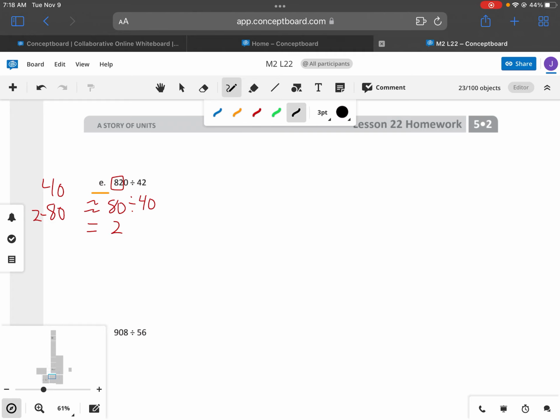All right, so I'm going to set up my 820. I'm going to divide it by 42. I'm going to do 42 times the estimation of 2. And I'm going to get 84. 84 is too much.